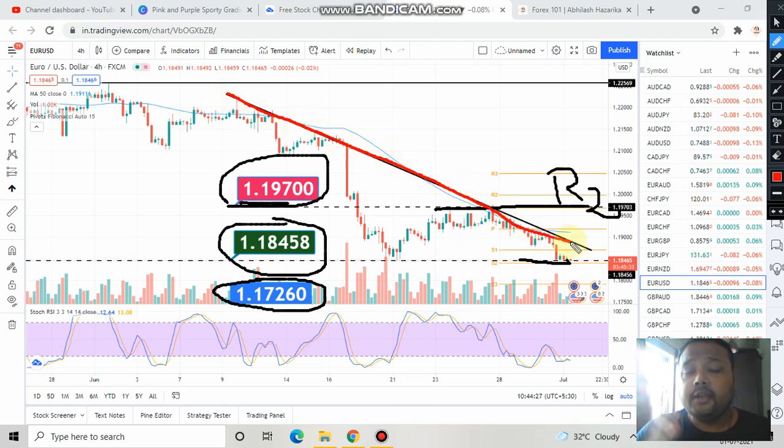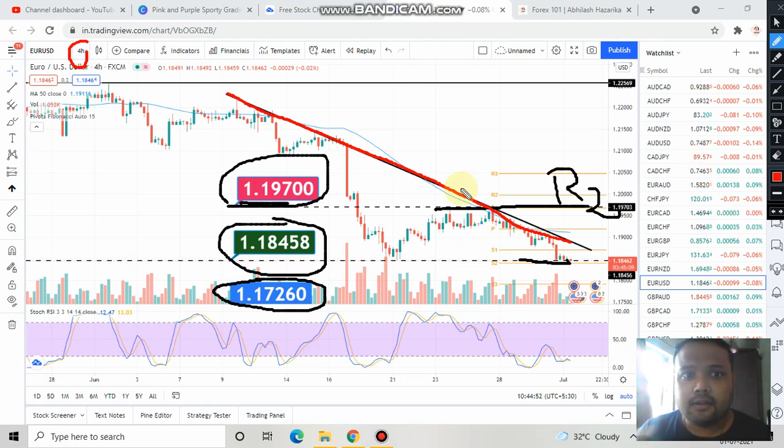In your charting platform also you can draw this trend line in the 4 hours time frame, then it will be easier for you to understand the analysis. Therefore, we have a temporary support, one support level far away from the weekly chart, and two resistance levels. First resistance level is the trend line, which is acting as a dynamic resistance for the market.